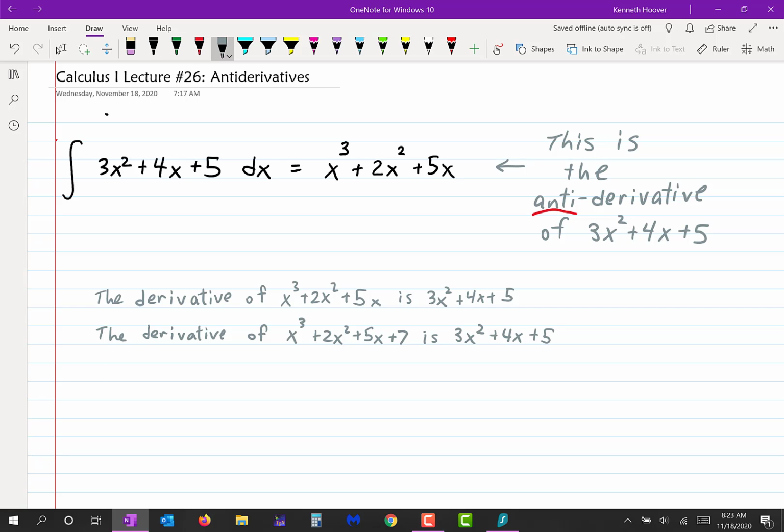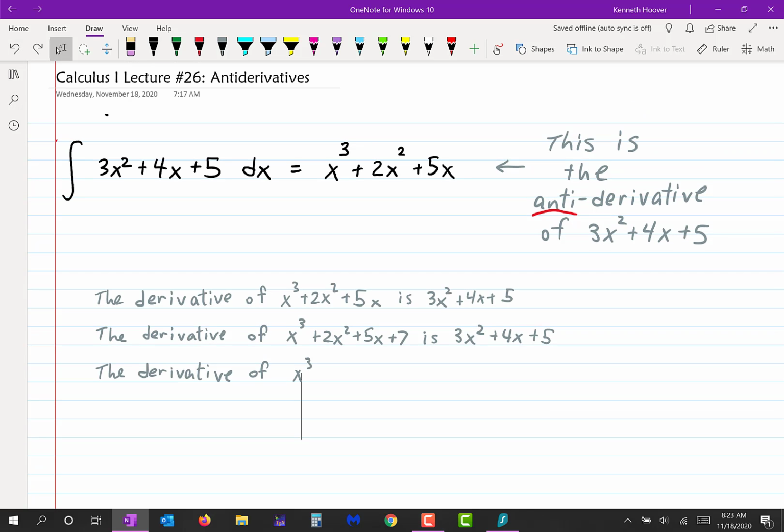Let me write down another sentence. The derivative of x cubed plus 2x squared plus 5x plus 23 is 3x squared plus 4x plus 5. Correct?